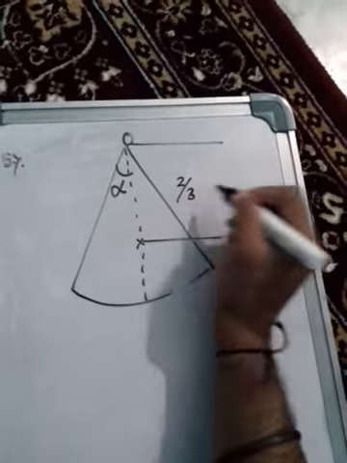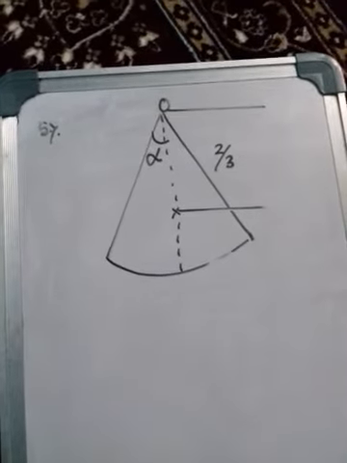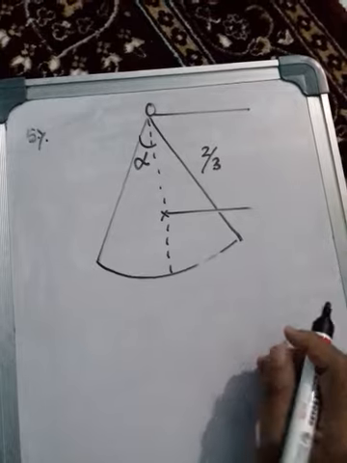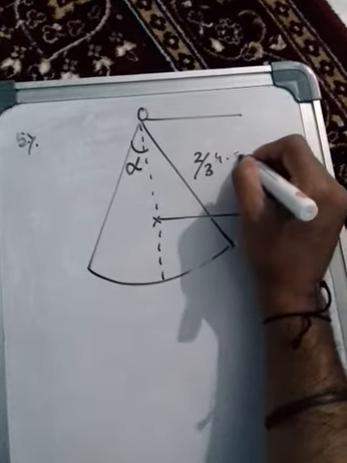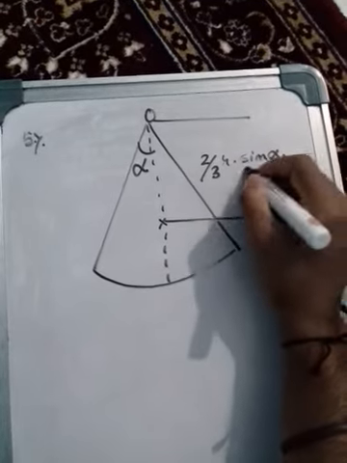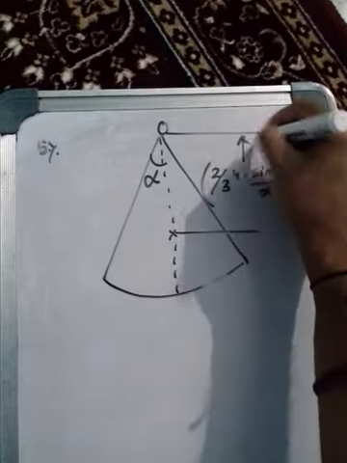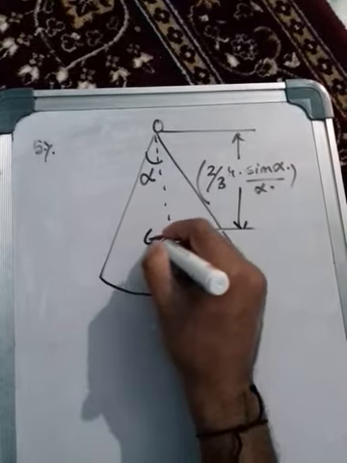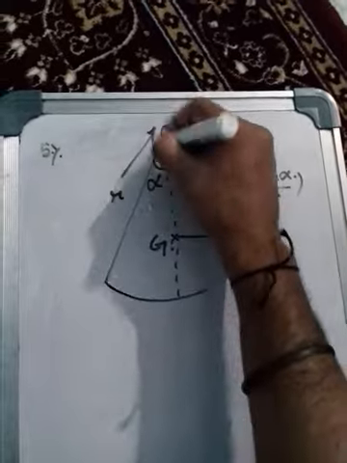This is a circular sector. The angle is alpha. This is the radius.